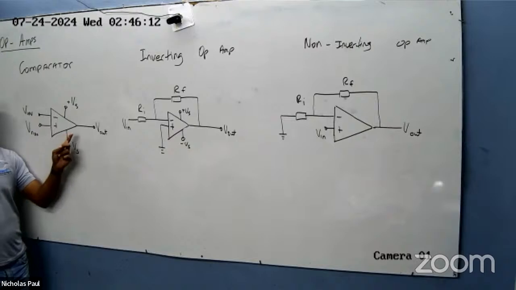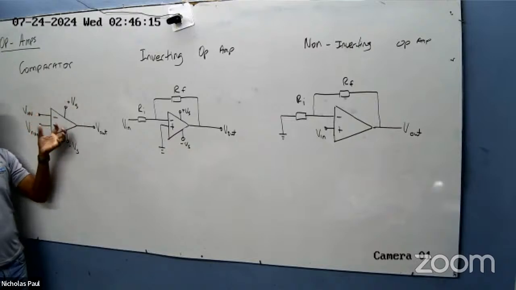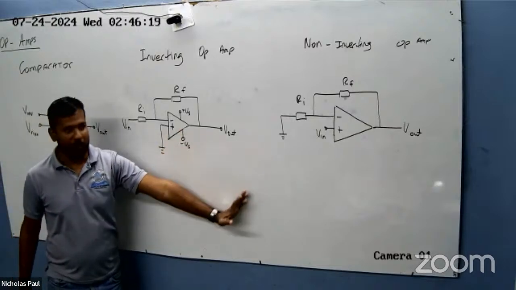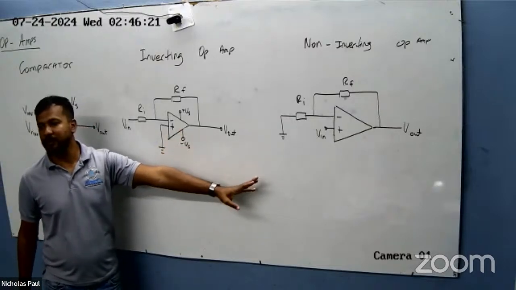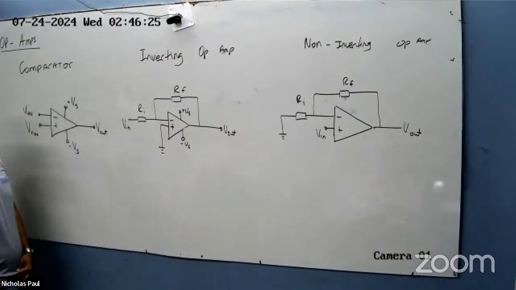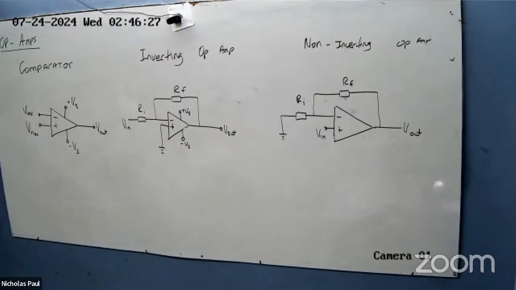Does this have any loop coming back? So this is open loop. These two are closed. Anybody remember what happens when it's closed? The gain is dropped, and something is increased. Frequency. Bandwidth. So these are the three different types of op-amps that we're going to focus on.